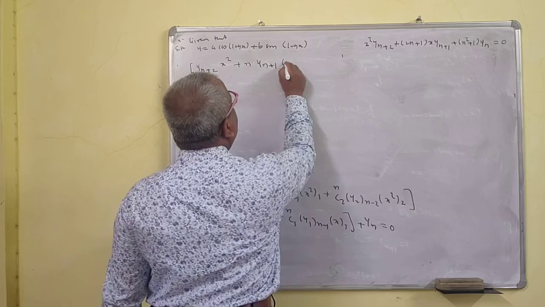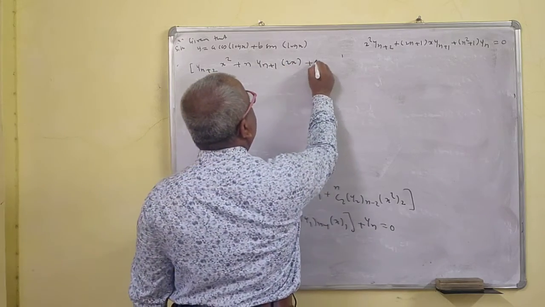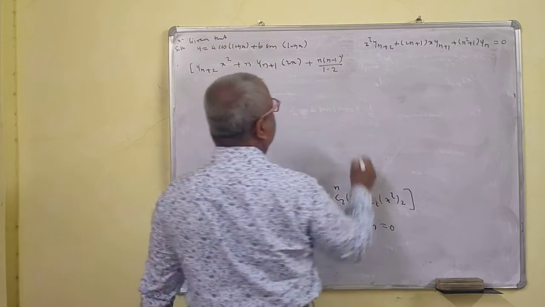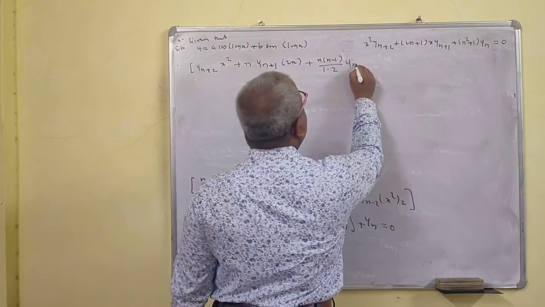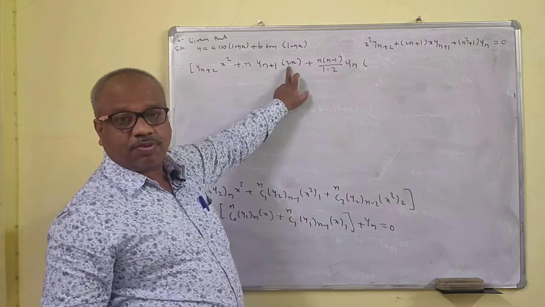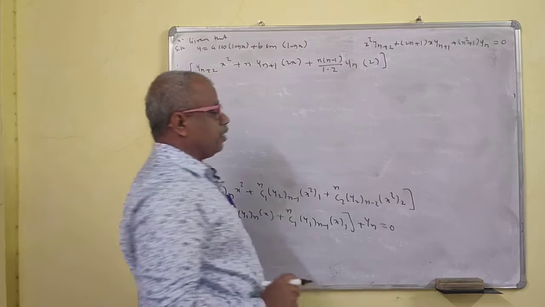And this is twice x. Plus nC2 is n into n minus 1 upon 1 into 2. So this is y now, this is y. And the second derivative of x square is nothing but the first derivative of twice x, so that is 2. Okay, so this first one is over.